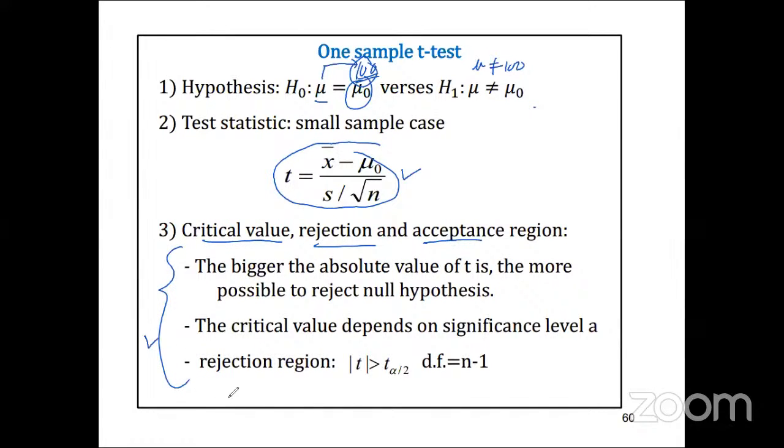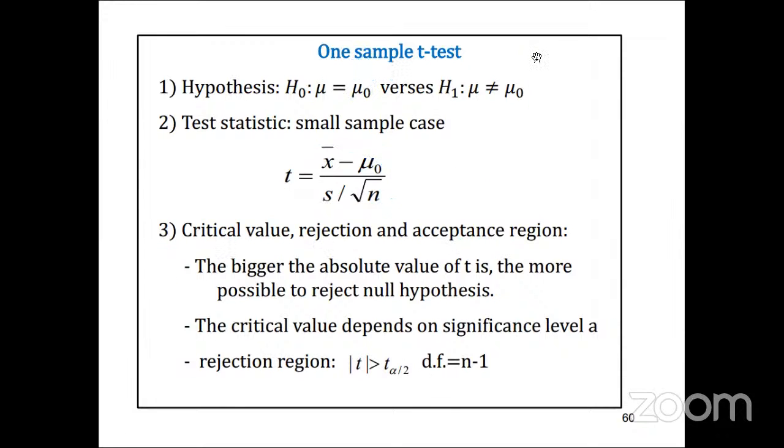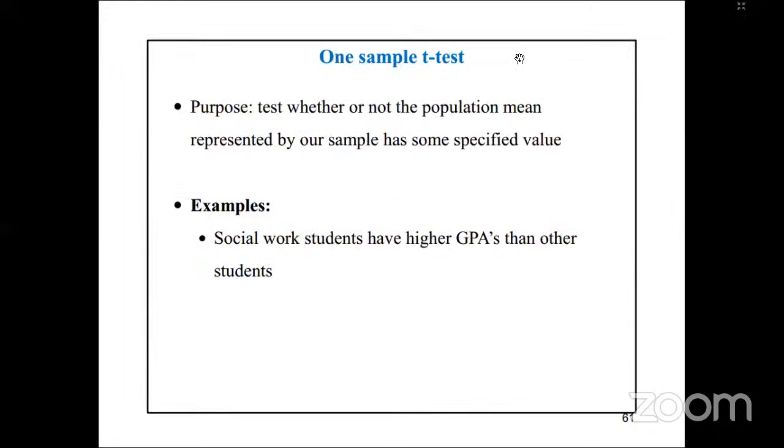You don't have to do anything, but these are the steps, and your hypothesis will be of this type. These are statistical notations, so let us not bother about this. We'll directly look at the example.